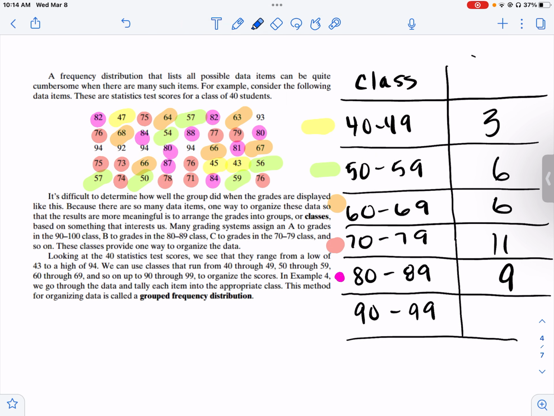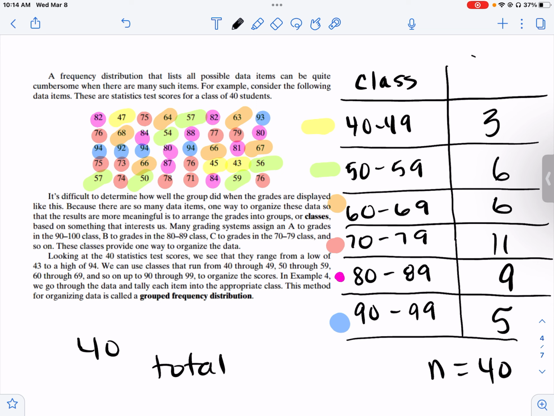Have we done blue? Let's do blue. 1, 2, 3, 4, 5. Okay, that's 5. Now, it said there were 40 numbers. So if we add 3 plus 6 plus 6 plus 11 plus 9 plus 5, n equals 40, means there were 40 total. It should always add to the total.